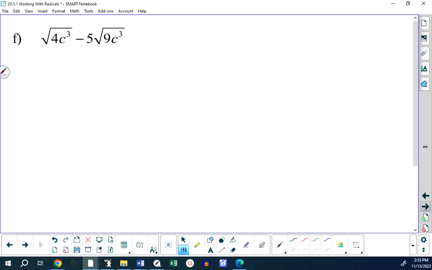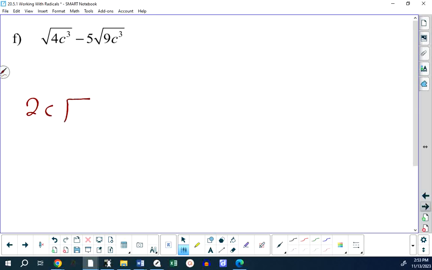But can we simplify these? Well, this root 4 can become a 2 on the outside. Can we extract any c's? How many are inside that are going to go away? 2. What will they become on the outside?